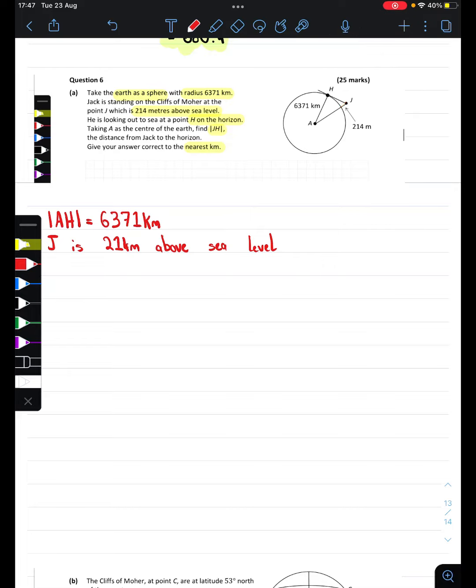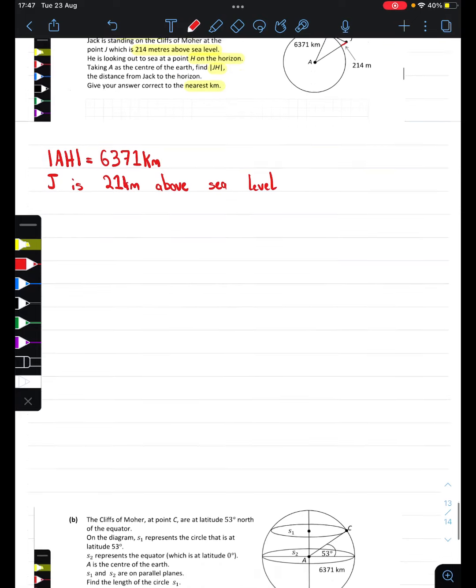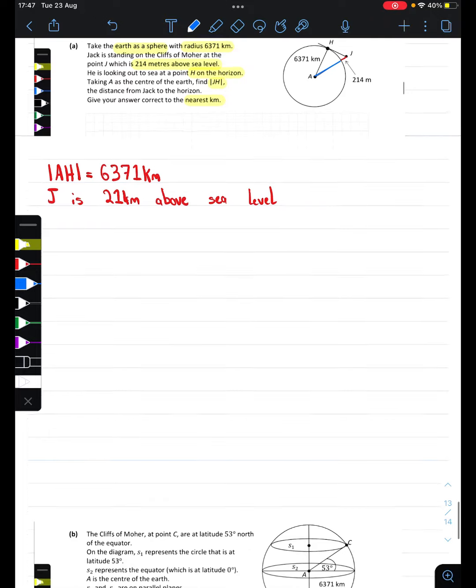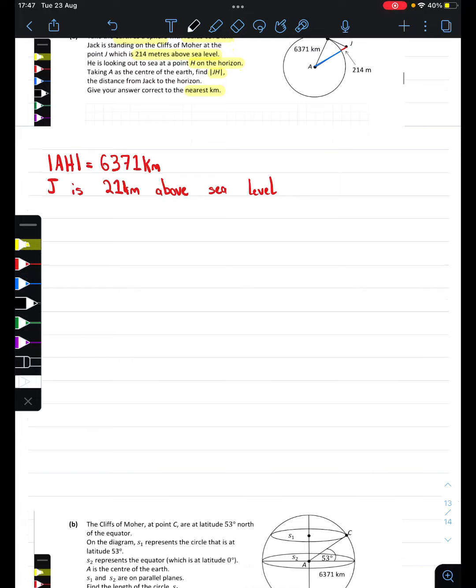I'll draw a straight line. Here is 214 meters, and we know that this distance is 6,371 kilometers.